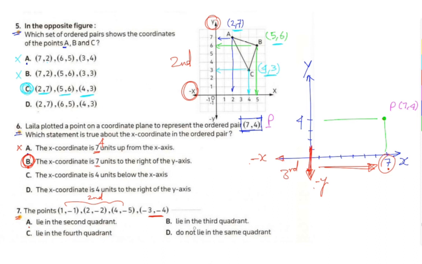So do all lie in the third quadrant? No. We have just 1 point in the third quadrant. So that's false.